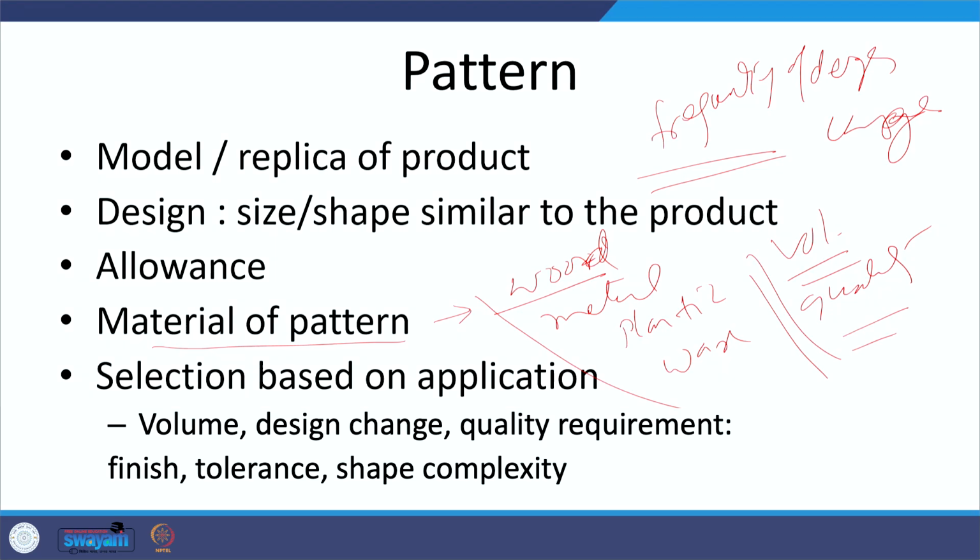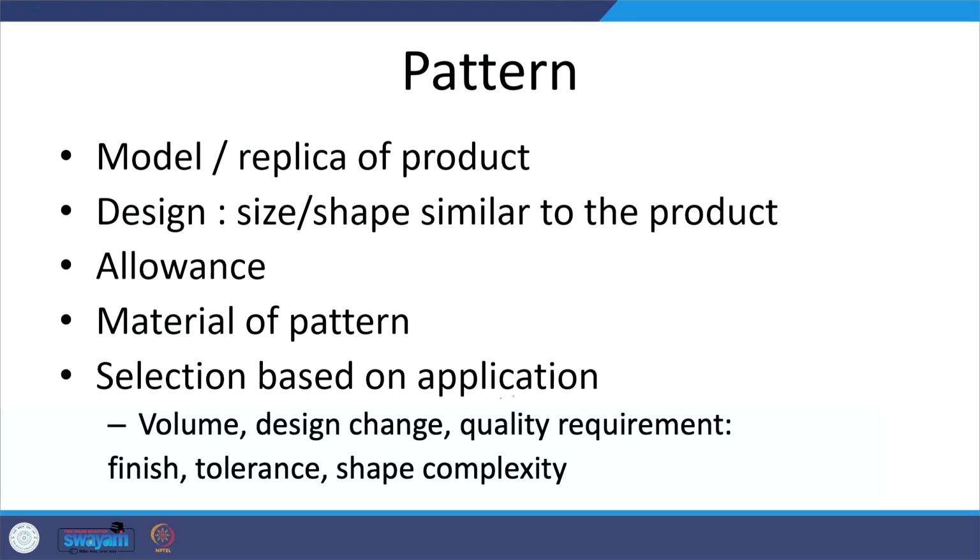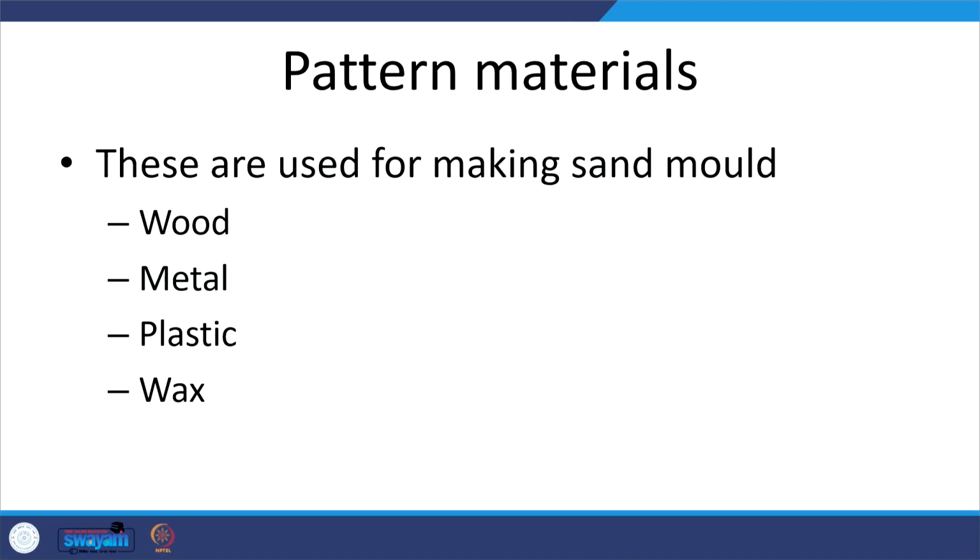So, the selection of the pattern material is based on the volume, that is the number of units to be produced, and how frequently a design change is possible. If design change is not needed in the short term, then we can go for metallic patterns, and then the quality requirement in terms of surface finish, tolerance and shape complexity. All these factors affect the kind of pattern material to be used.